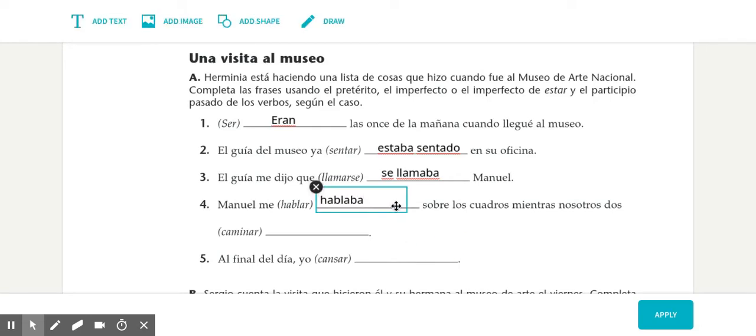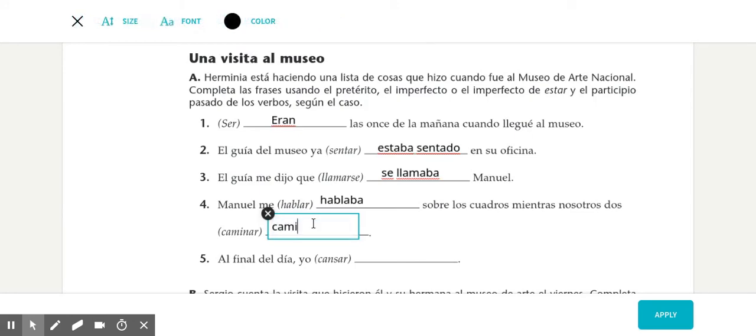Okay, he spoke to me about these paintings while we were walking. So here we have caminar, but it's nosotros now. So we have caminábamos, ¿verdad? Caminábamos. Mientras nosotros dos caminábamos.